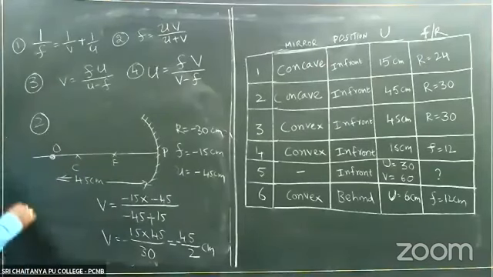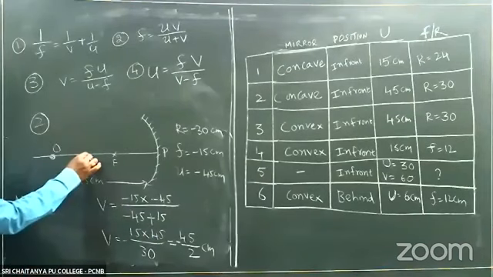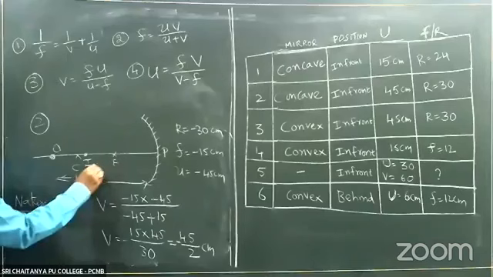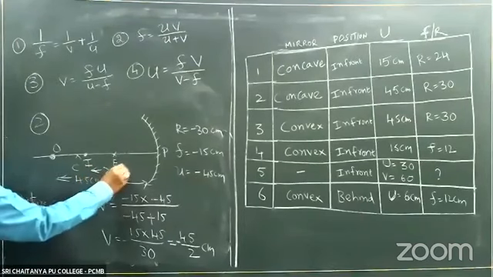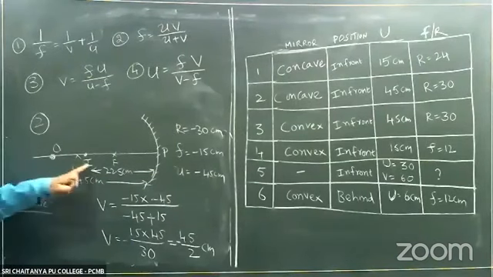What is the nature of the image? That is also important. Where is this one? Minus. Minus means here the image will be formed, at 22.5 centimeters. So object and image are on the same side.